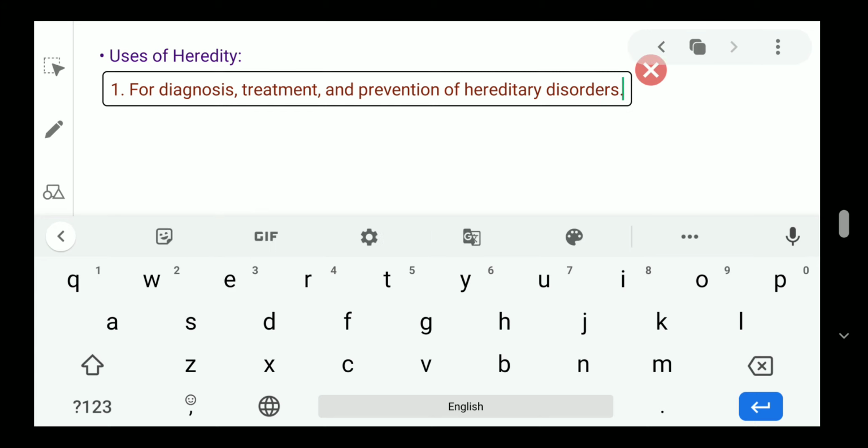Okay, so if we have studied how the genes or the traits are passed on from one generation to the other, the hereditary disorders that people suffer from when that trait is passed on can be diagnosed, can be treated, and if it is known which gene or which trait is showing defect, it can be prevented. Okay, where else can it be used?